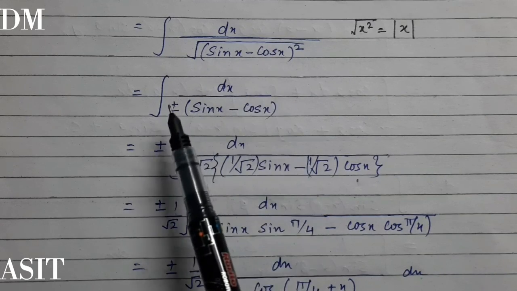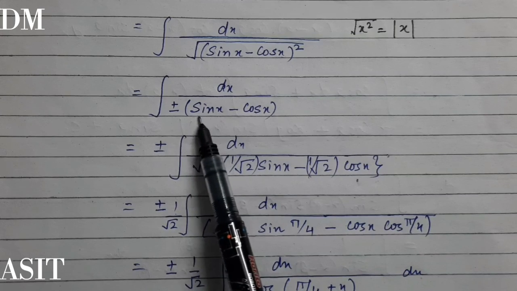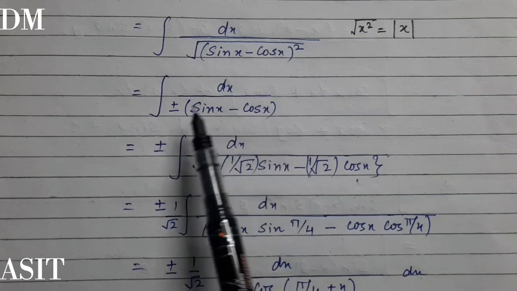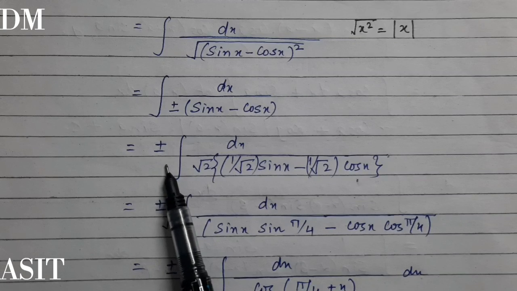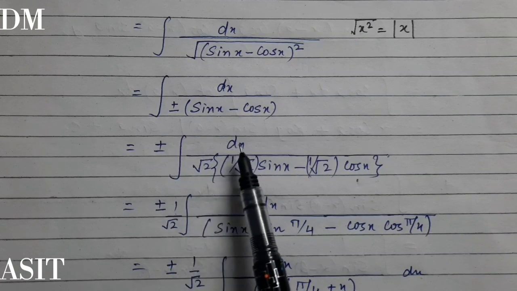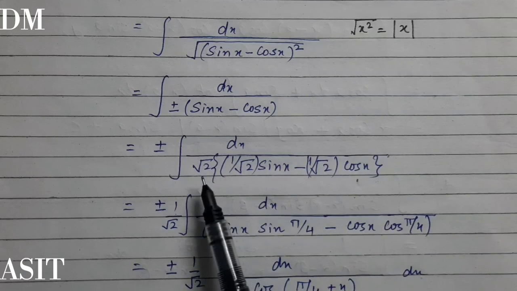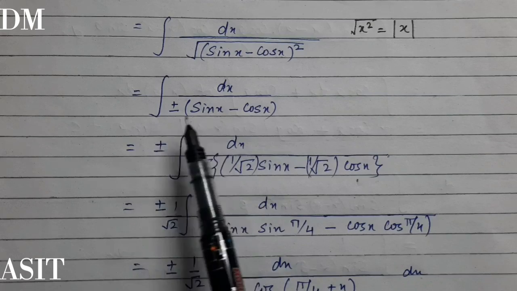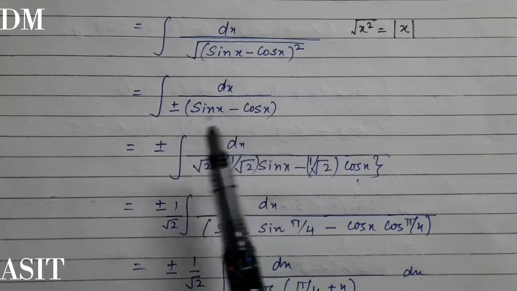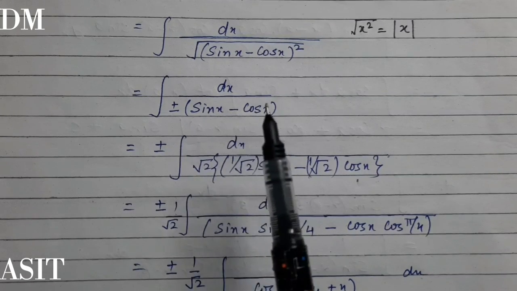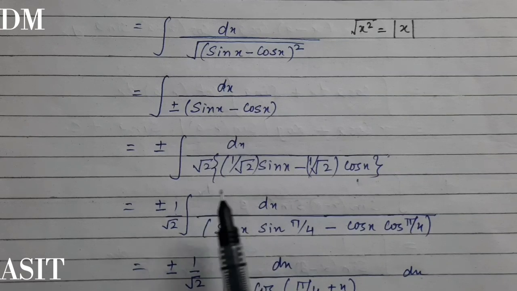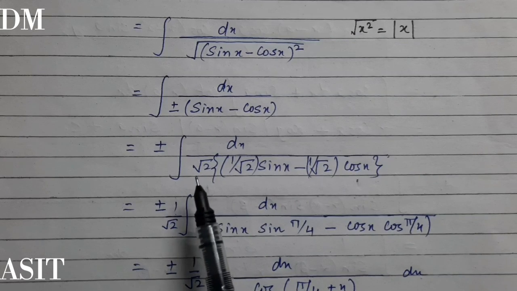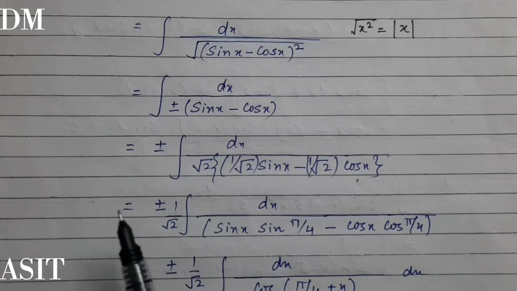So we can write plus minus of (sine x minus cos x). This plus minus will go outside of the integration, so it will be plus minus integration of dx by (sine x minus cos x). Now here I have to simplify this thing, so I will multiply and divide by root 2.